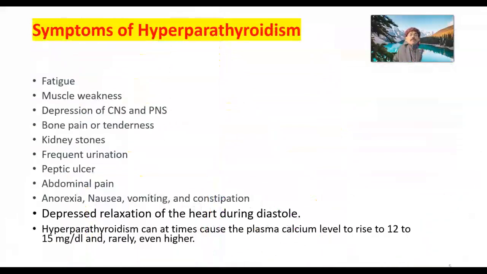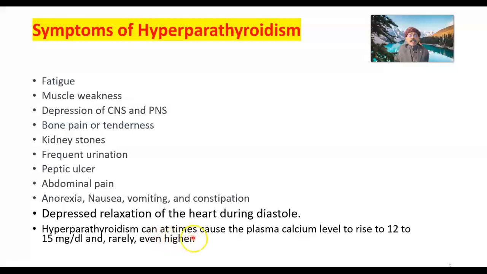Symptoms of hyperparathyroidism: fatigue, muscle weakness, depression of CNS and PNS. CNS means central nervous system, PNS peripheral nervous system, bone pain or tenderness, kidney stones, frequent urination, peptic ulcer, abdominal pain, anorexia, distaste for food, nausea, vomiting and constipation, depressed relaxation of the heart during diastole.